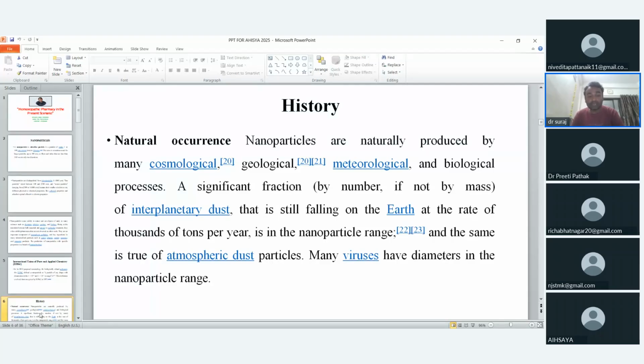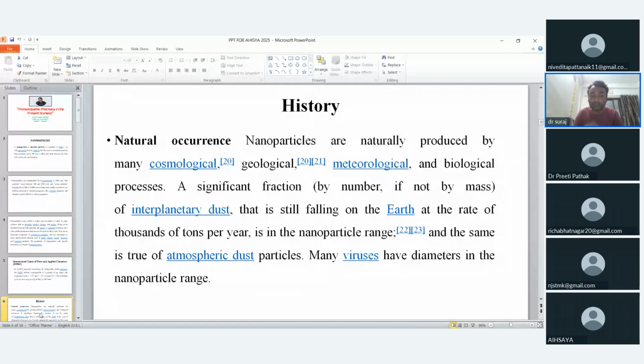Similarly, when we talk about atmospheric dust particles, many viruses have diameters in the nanoparticle range. Suppose recently, when we had the COVID-19 pandemic, the coronavirus range is very minute and very small. It lies in the range of nanoparticles, between 0 to 1 micron, and in nanometers it is around 1 to 10 or 100.